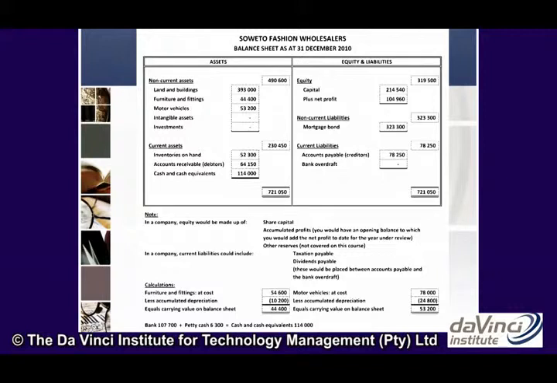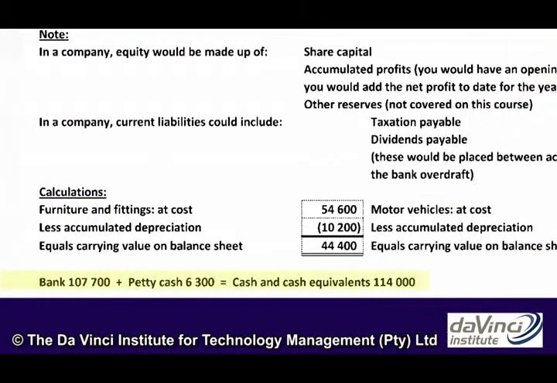We've got our debtors, which is our outstanding debtors. A fancy term nowadays is accounts receivable. It's become very popular, been used for a couple of years already. And then we have our cash and cash equivalents. For our cash and cash equivalents, what we basically did was add our bank figure to our petty cash figure, and that gave us total cash and cash equivalents.